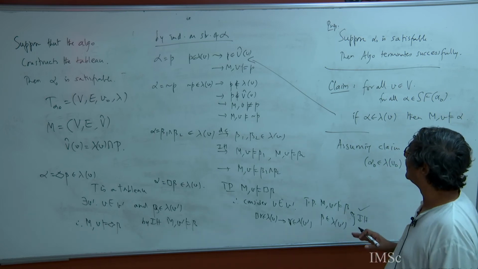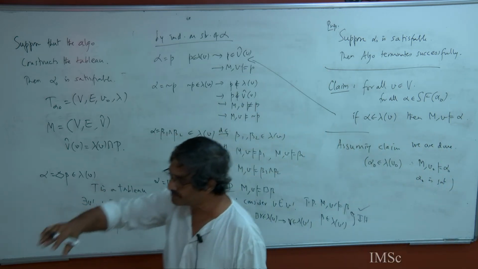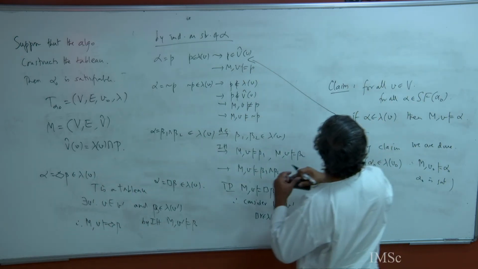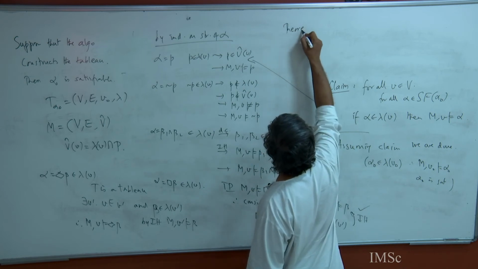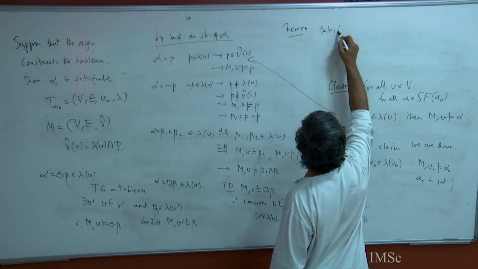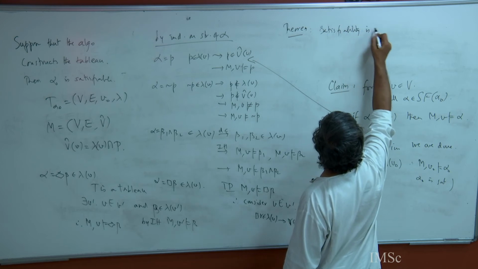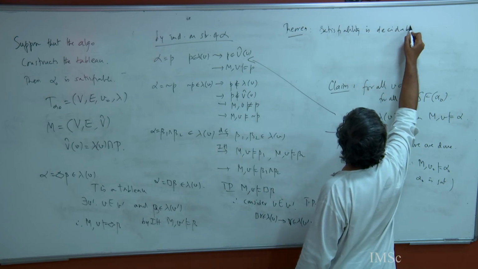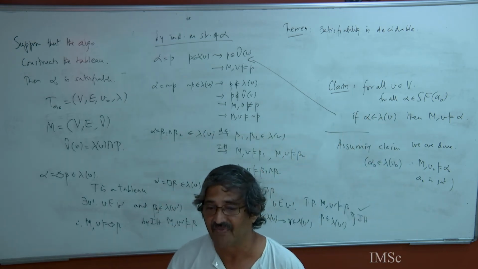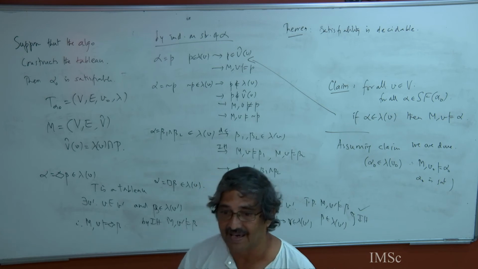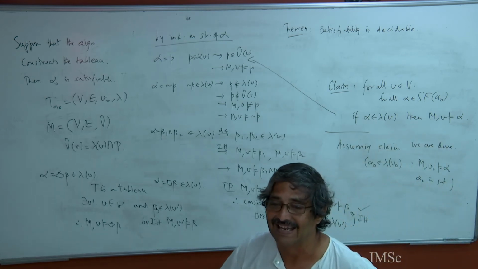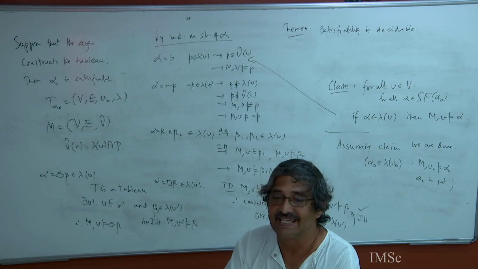And note that, theorem: satisfiability is decidable, because alpha naught is satisfiable if and only if the tableau construction succeeds, and the tableau construction we know terminates, so it's certainly recursive, and we have in fact shown that the tableau construction only succeeds, it succeeds giving you a model.